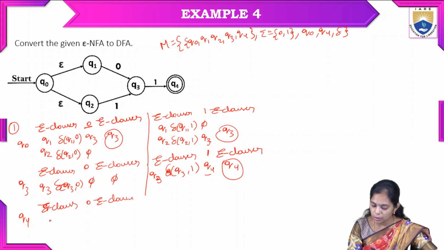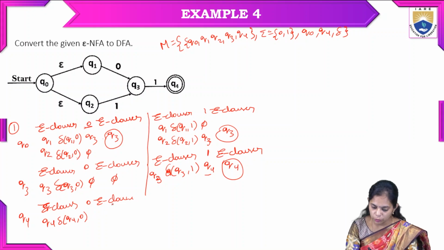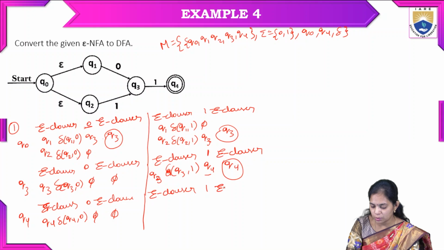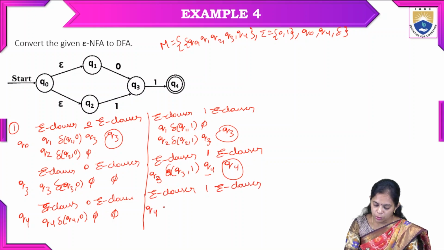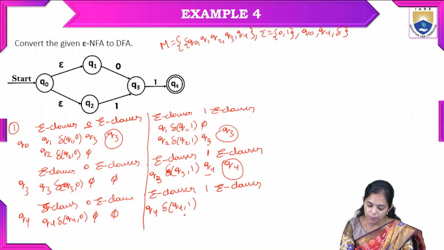For Q4 itself, transition of Q4 comma 0, there is nothing, phi, and the same thing for the 1 input also. Transition of Q4 comma 1 is also phi.